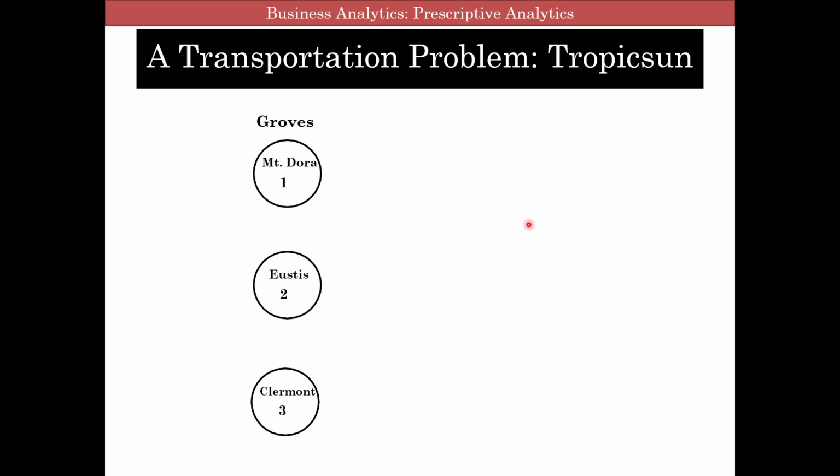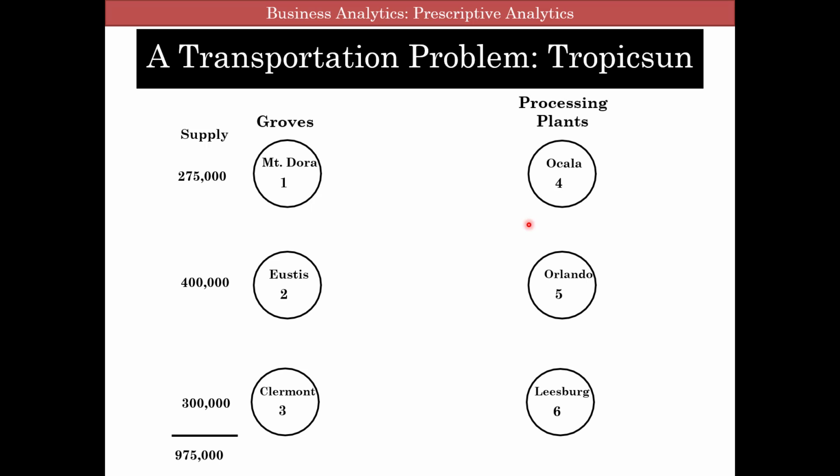Here, let's visualize the problem. We have these three groves, which are supply nodes. Here is the supply, the amount we have, 975,000. And here are the processing plants. Here is the demand.